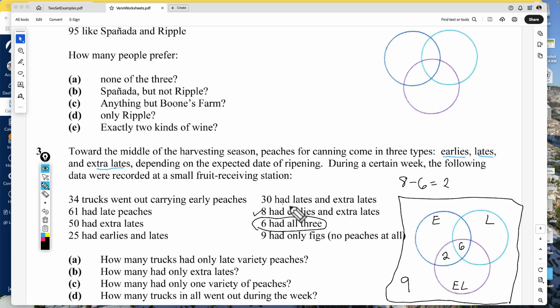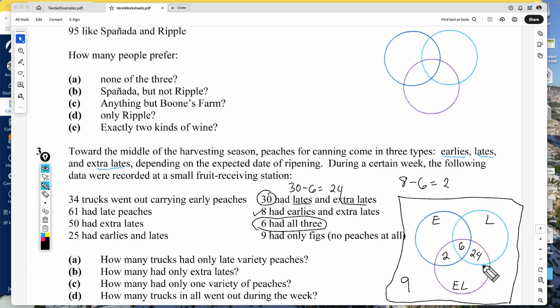Here's another one. The 30 trucks had lates and extra lates, which would be this football shape size. Notice we've already counted 6 of those 30. So for this one, we want to take 30 minus the 6, 24. That's what goes in this little part of the football.